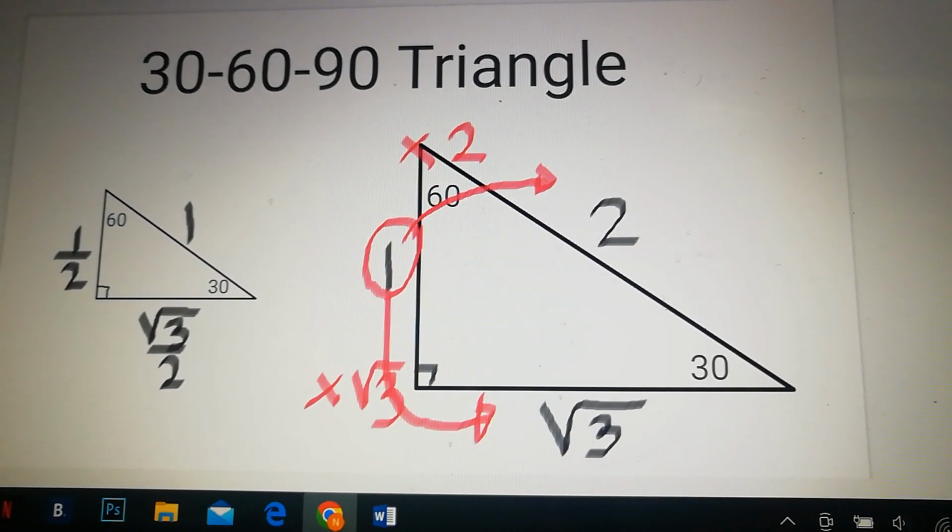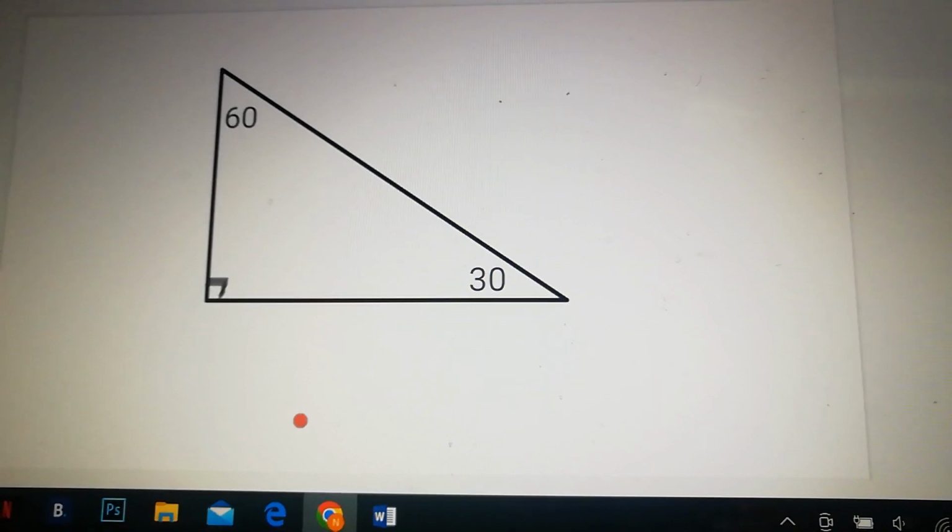Okay, so practice. If the shortest side is equal to 8, how to find the hypotenuse again? Multiply by 2. So your answer here is 16.